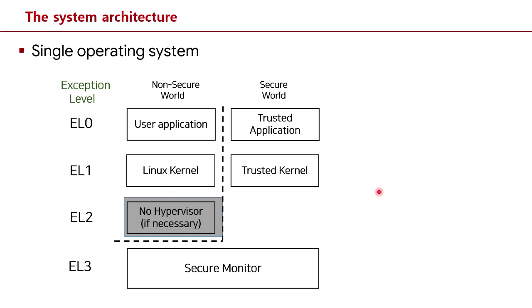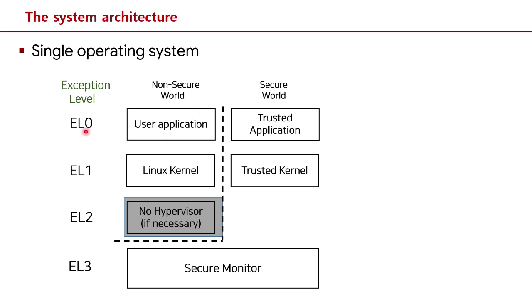Now let's analyze this architecture diagram from the exception level point of view. If you trace the execution of the software, you're going to notice that the software is usually running at exception level 0 and exception level 1 in the non-secure world.